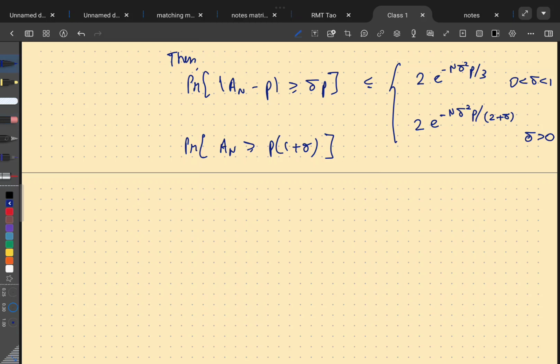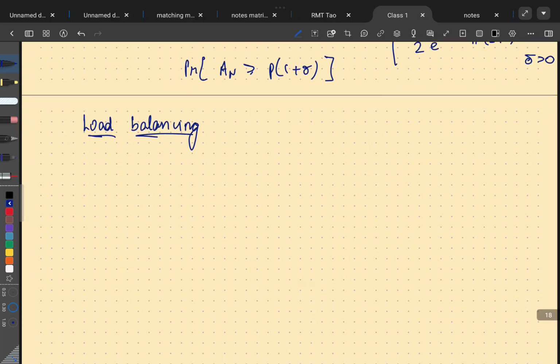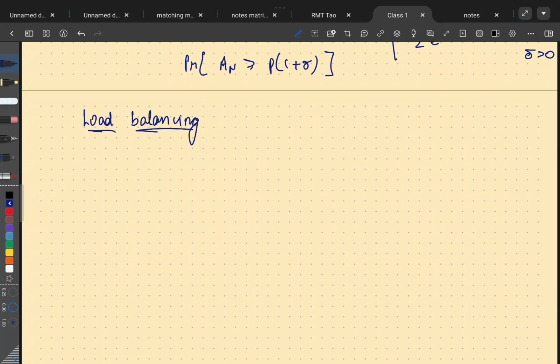Okay, so let's see one particular application. And the application is the following. It's a problem of allocating jobs to a server. It's a distributed computing setup.